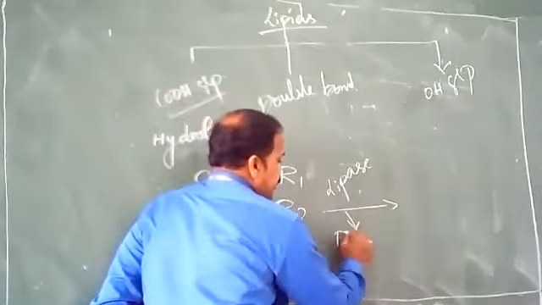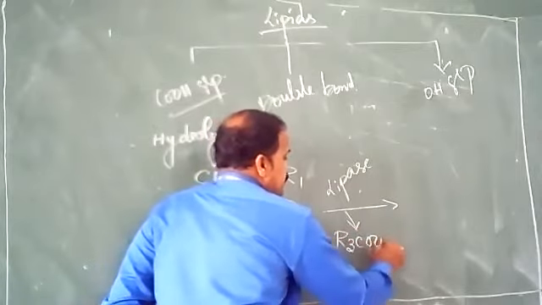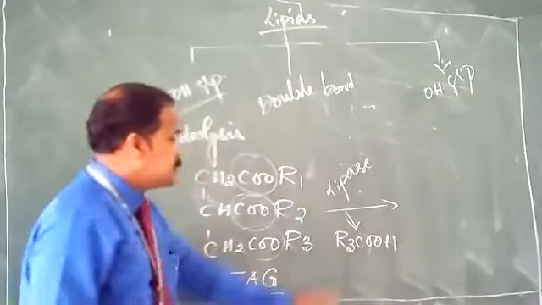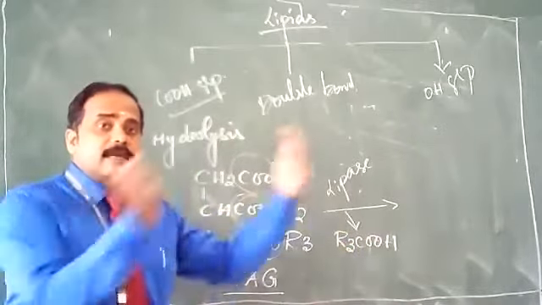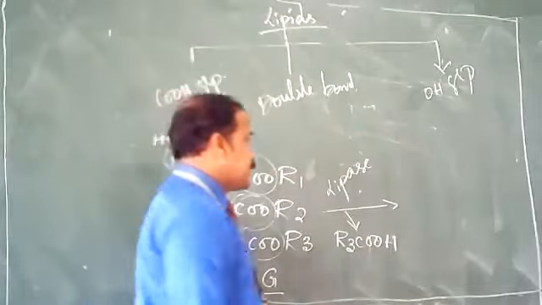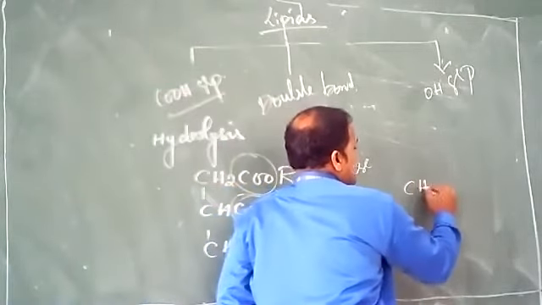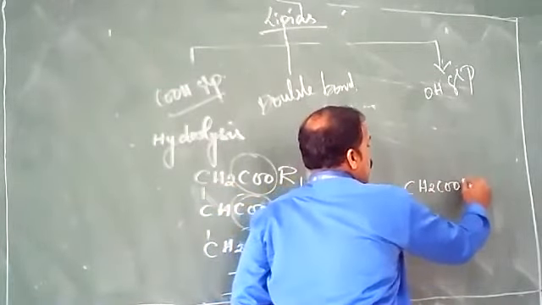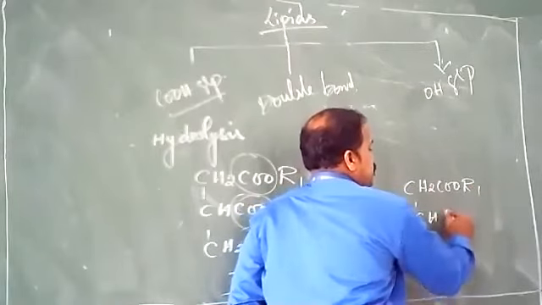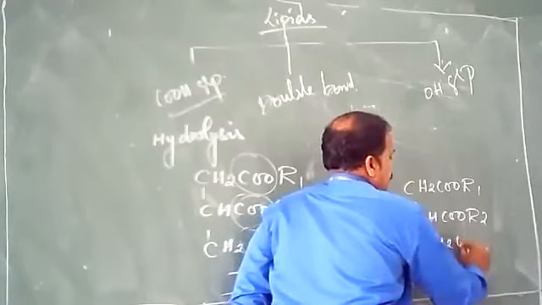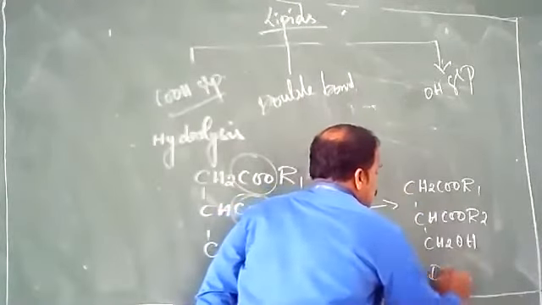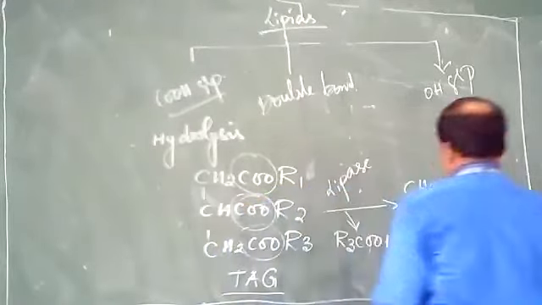When it removes the fatty acid, it is removed as R3COOH, so that the triacylglycerol is converted to diacylglycerol: CH2COOR1, CHCOOR2, then CH2OH. This forms diacylglycerol.